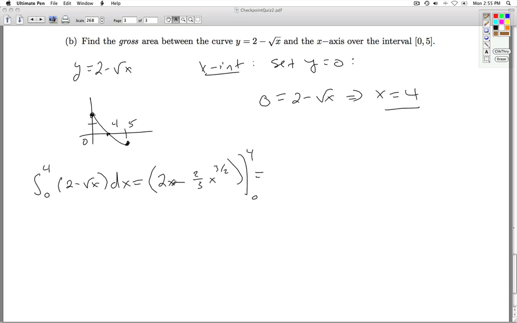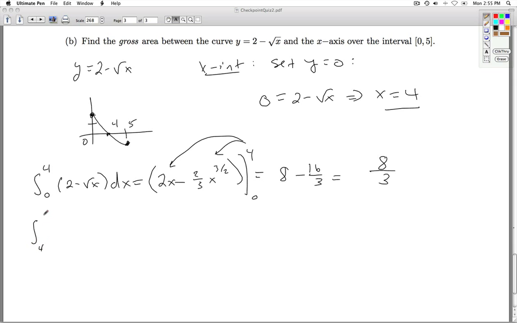So it's just a matter of plugging in the 4. 2 times 4 gives you 8 minus 4 to the 3/2, which is 4 square root of 4. 4 times 2 is 8, times 2 is 16. 16/3. So I combine this: 24 thirds minus 16 thirds is 8 thirds.